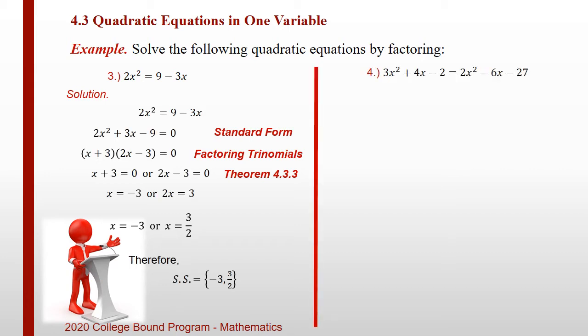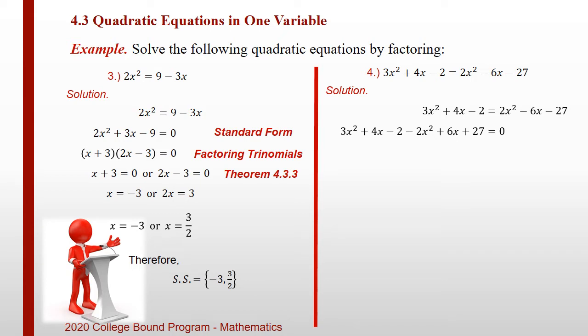One more example. Suppose we have 3x squared plus 4x minus 2 equals 2x squared minus 6x minus 27. Clearly, we need to simplify the given by writing it in standard form. Applying the addition principle, we get this equation. Notice that we can combine the terms.